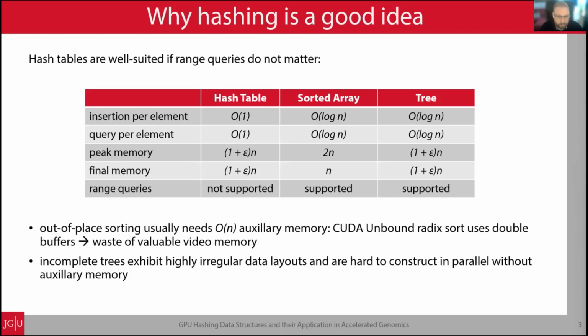Tree-based approaches, on the other hand, additionally exhibit highly irregular data layouts that are hard to construct in parallel without any auxiliary memory or even dynamic memory allocations. One additional consideration: while sorted arrays and most trees support some sort of range query capability, hash tables, due to the random nature of the underlying hash functions, do not. So if range queries do not matter for your use case, then you should definitely take a look at hash tables.